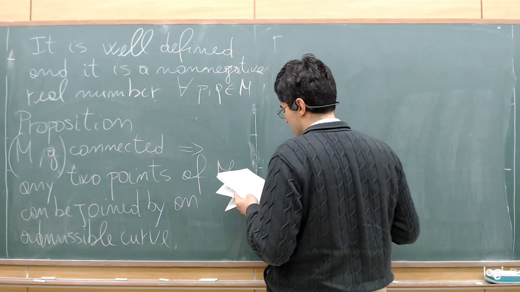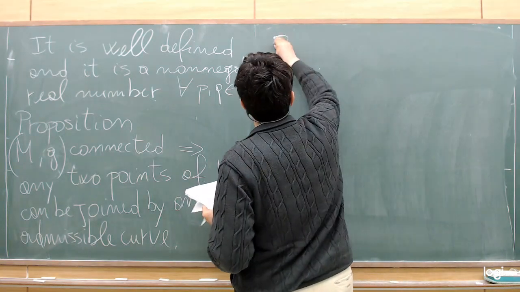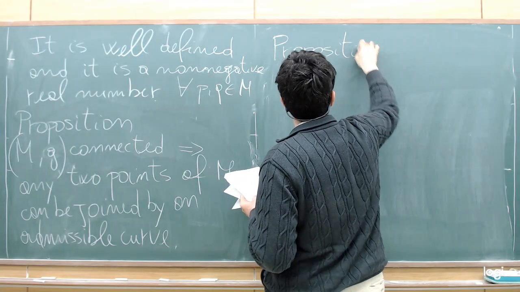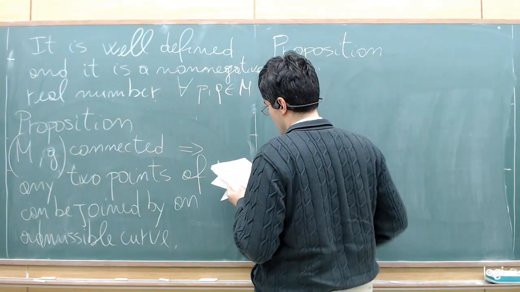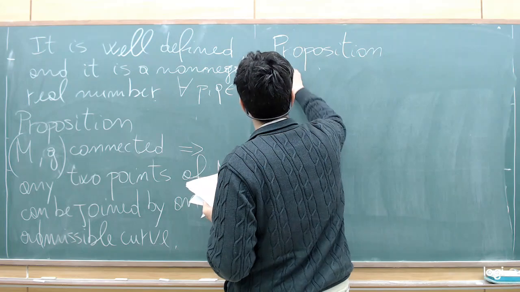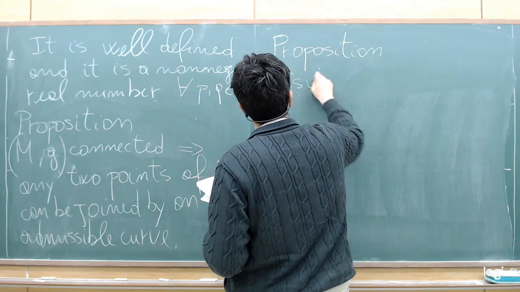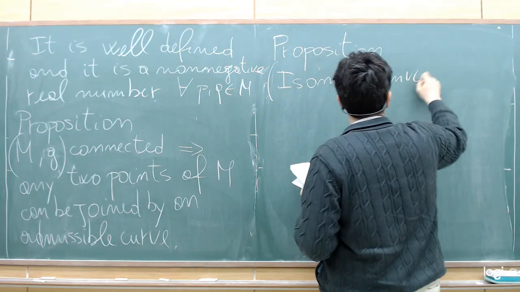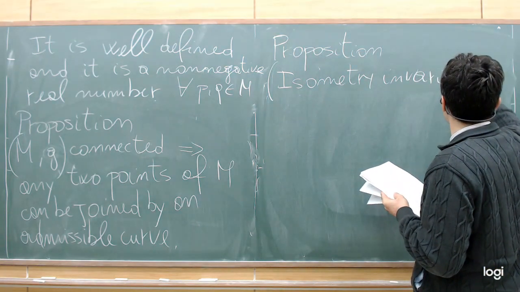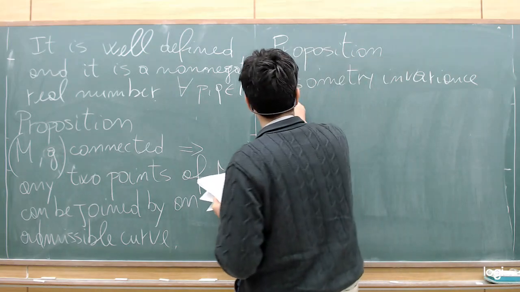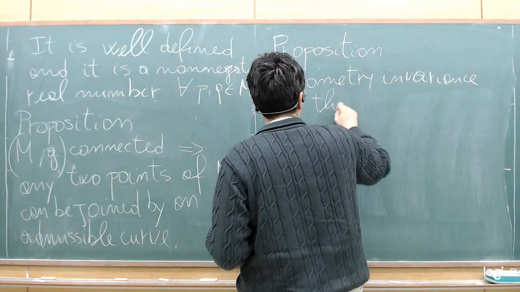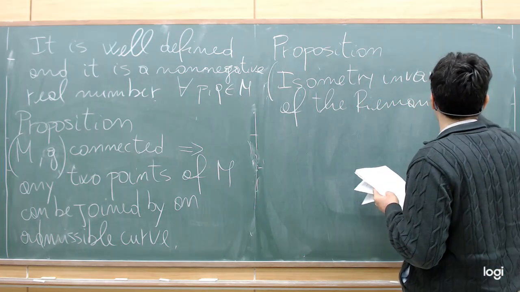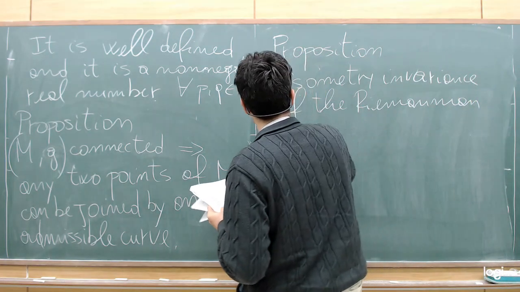I prefer to present another proposition, which is about isometry invariance of the Riemannian distance.